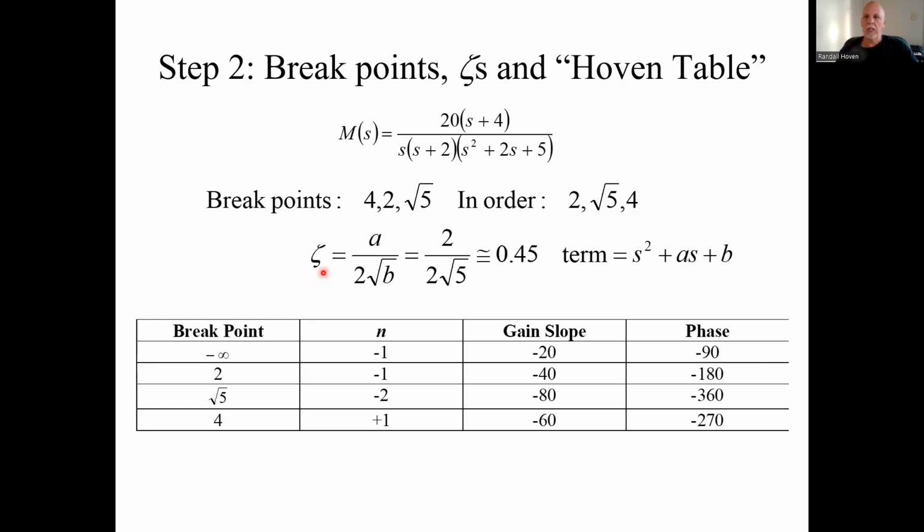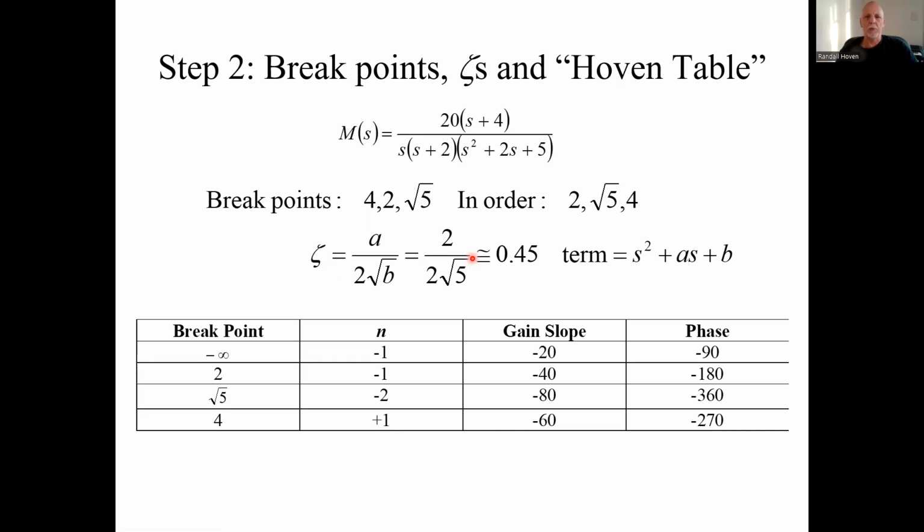We usually need to calculate these damping ratios for the complex terms, these zetas. And you can calculate it, if this is A and this is B, A is 2, B is 5, you calculate it to 0.45. And we'll talk about when zeta is important a little bit later.